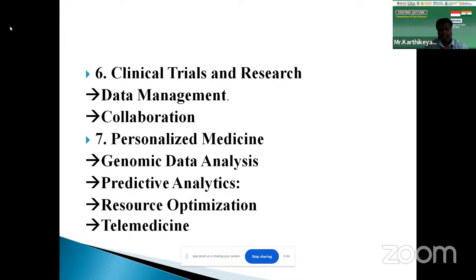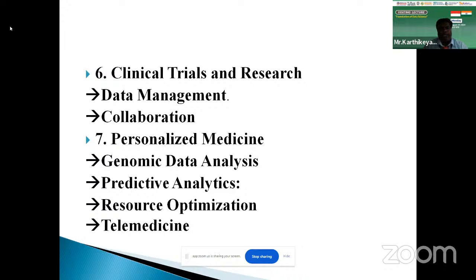And next one, personalized medicine. This follows genomic data analysis, predictive analysis, resource optimization, and telemedicine. Genomic data analysis uses an individual's genetic profile to tailor treatment to a specific patient's needs. This personalized approach can lead to more effective and targeted therapies.